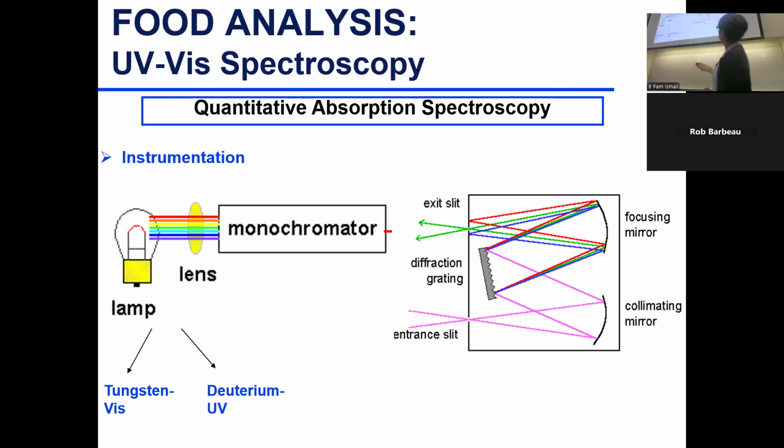And that monochromator will cause a diffraction of light. Then you have multiple wavelengths and you allow specific wavelengths to exit and go to your sample.